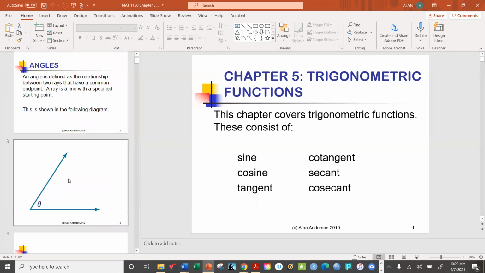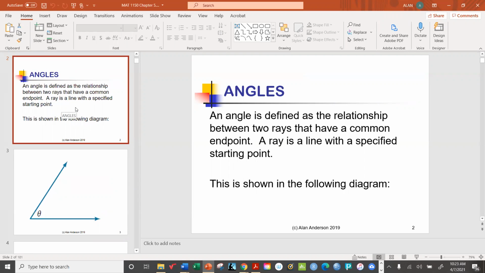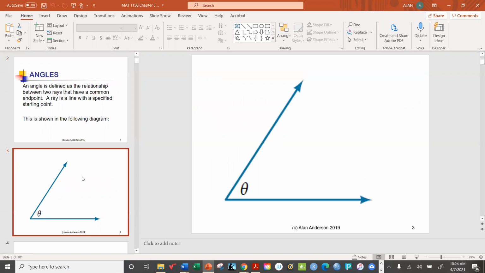Now, in order to do that, we need to draw an angle. An angle is the relationship between two what we call rays. You might remember what separates a ray from a straight line is that a straight line goes on forever in both directions. A ray has a specific starting point, but it does go on forever after that.